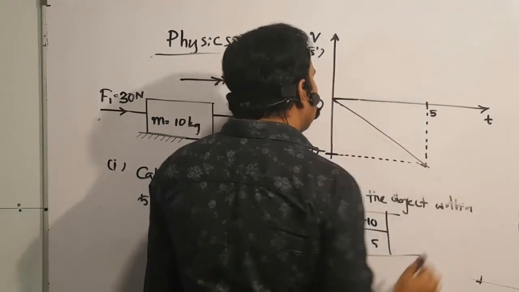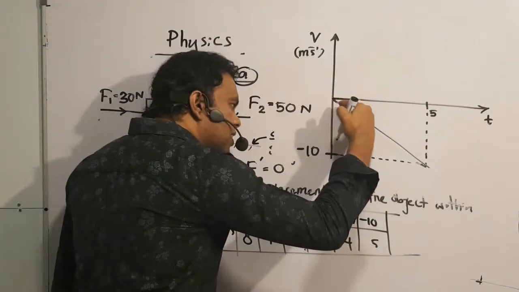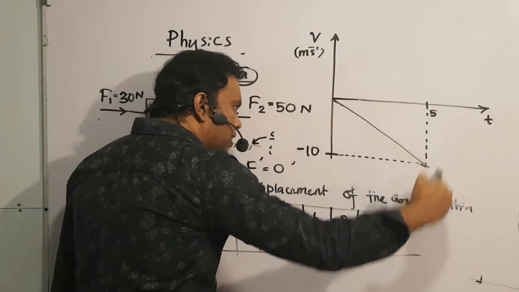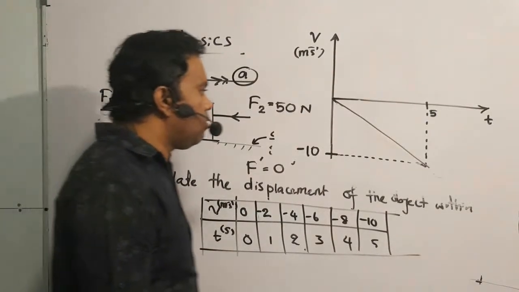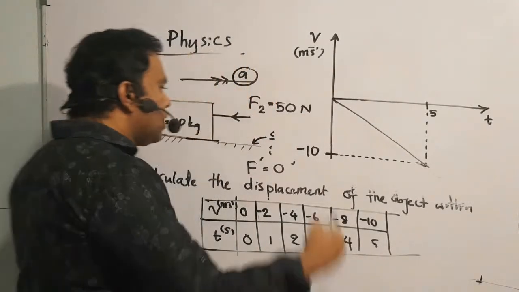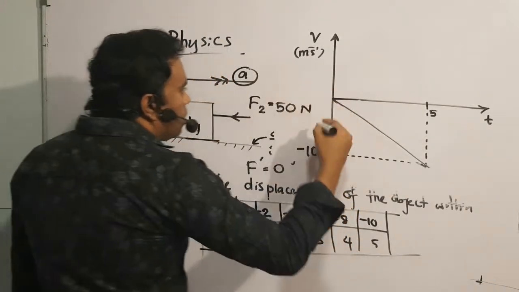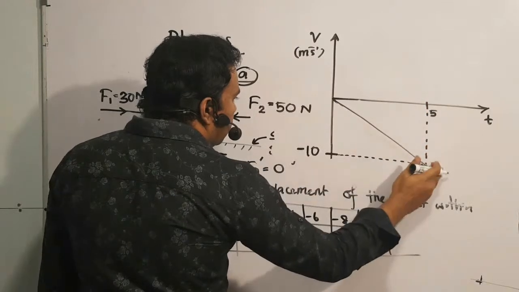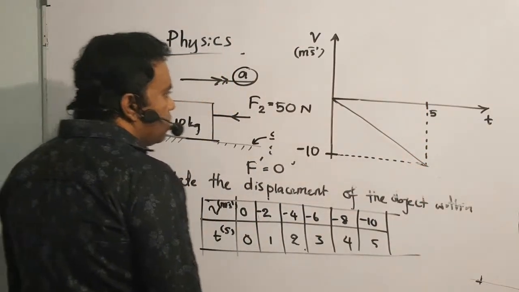So this is the graph. Velocity is gradually increased in the minus direction. Now this is a velocity time graph, so you can calculate the answer. The answer means the total displacement within 5 seconds of time.